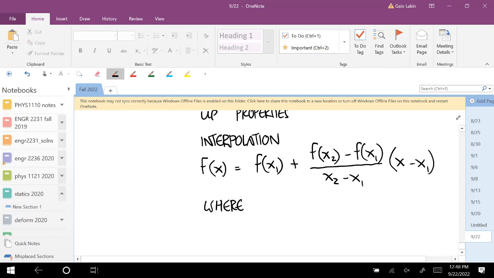Where x is the known property, and f is the desired property.